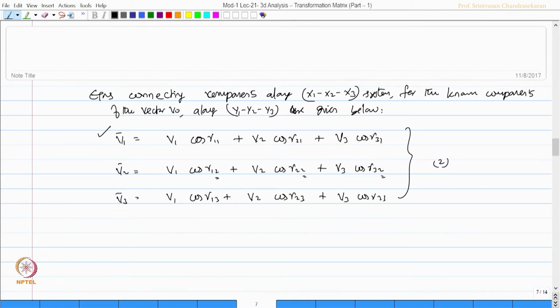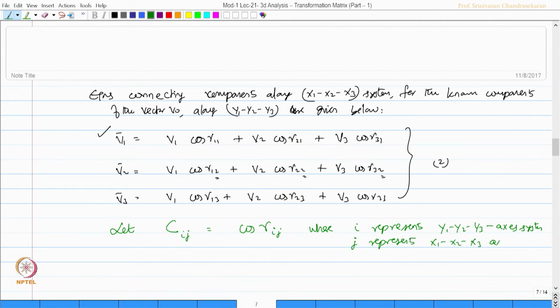Now, let us replace this cos term by a letter c. So, let c i j be equal to cos gamma i j, where i represents the y 1, y 2, y 3 axis system and j represents x 1, x 2, x 3 axis system.